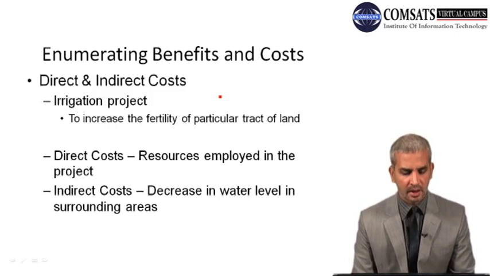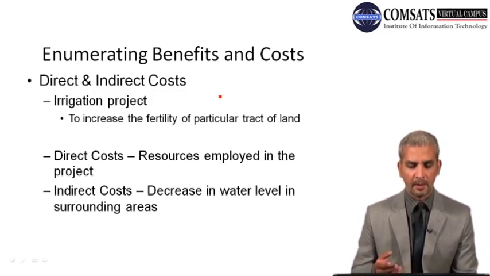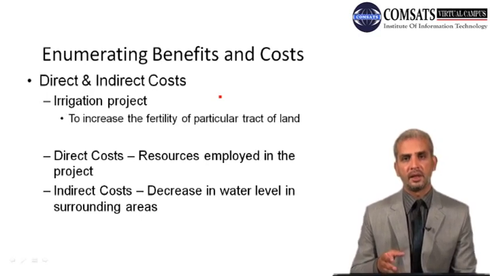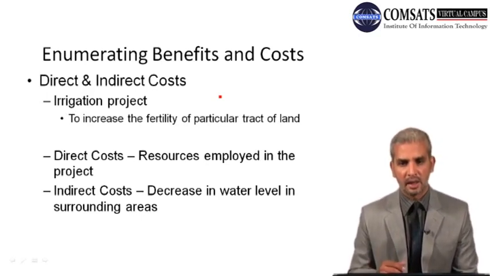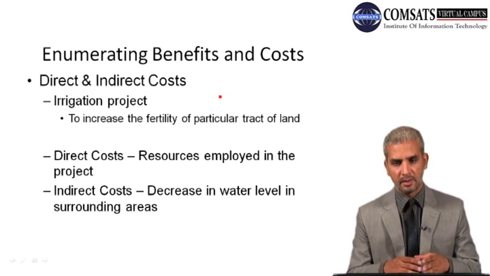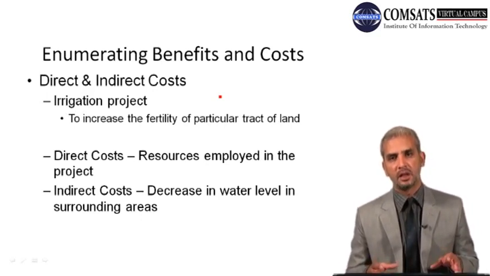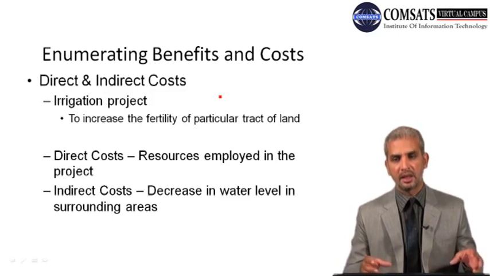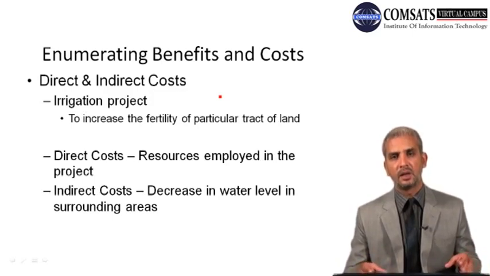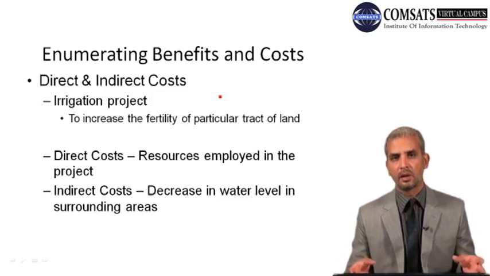Then there is another indirect cost. For example, when resources are employed and when there is a lake, that water reservoir and those irrigation canals would result in decreased land that can be made fertile, or decreased land on which wheat, for example, or any crop can be harvested.